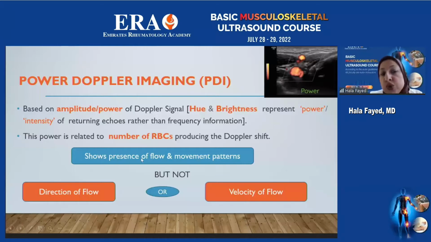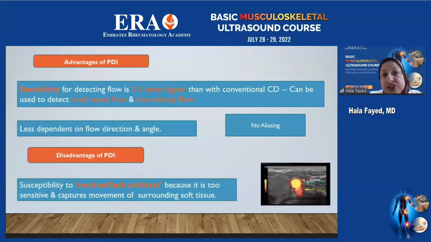It only shows the presence of the flow and movement patterns. And this is the one we usually use for inflammatory conditions and for small vessels and low velocity flow. This is the one we mostly use in rheumatology.